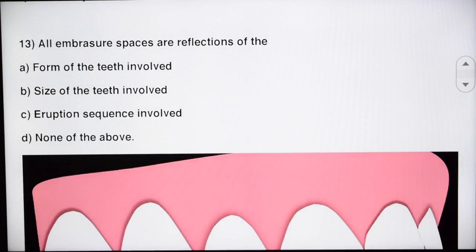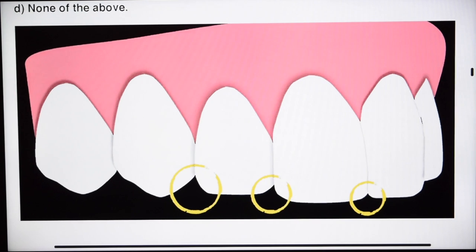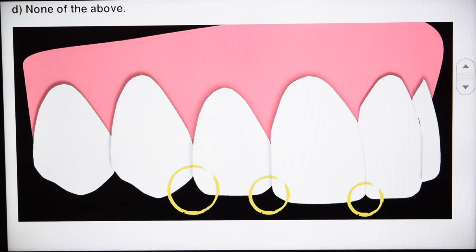So embrasures are nothing but spillway spaces which act as pathways for spilling of food, preventing food lodgement, and also dissipating forces. Make sure that forces are not concentrated on the teeth. So these are the main functions of embrasures, and these embrasures represent the contours or forms of teeth involved, right?